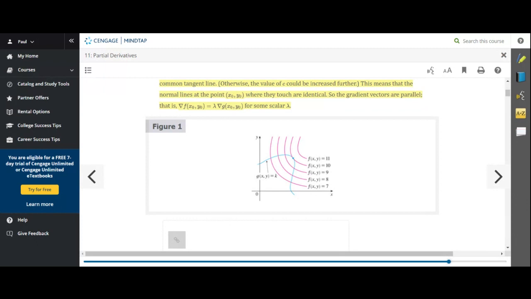So what I'm trying to say, maybe I can say it. Let me get the whiteboard up here. Okay, I won't recreate the entire picture, but I can recreate part of it. So this is f of xy equals 10, and this is based off of figure 1 from section 11.8.